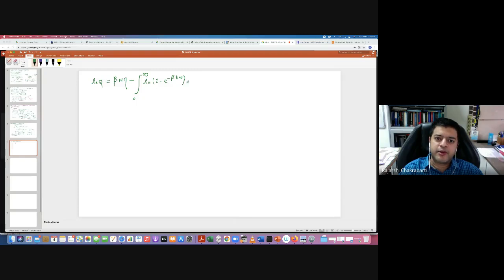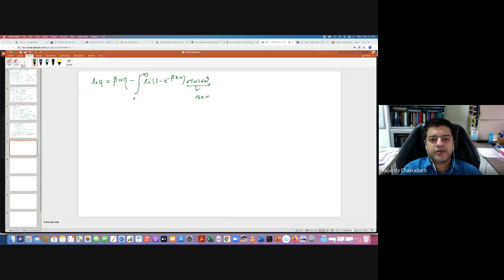So I have to multiply it with something like sigma omega, which is actually your density of state. Okay, is this clear?